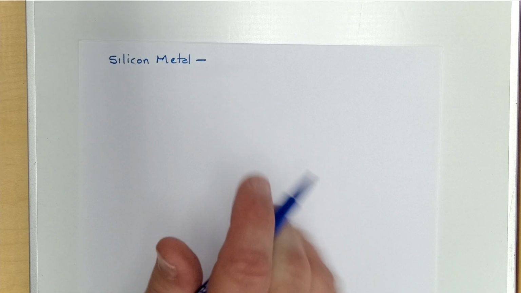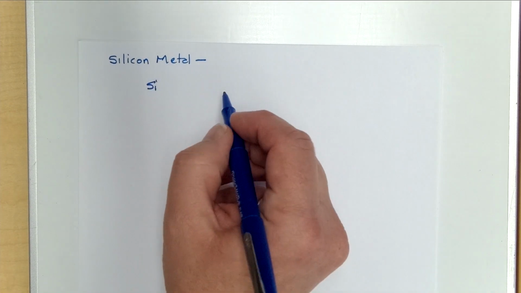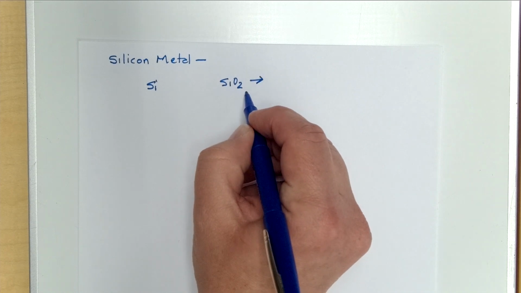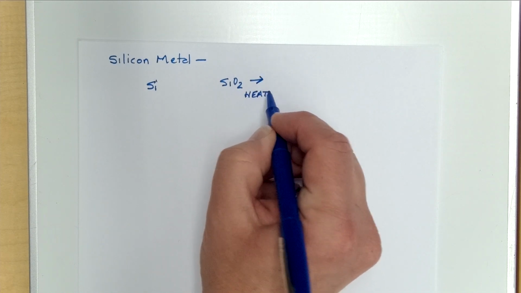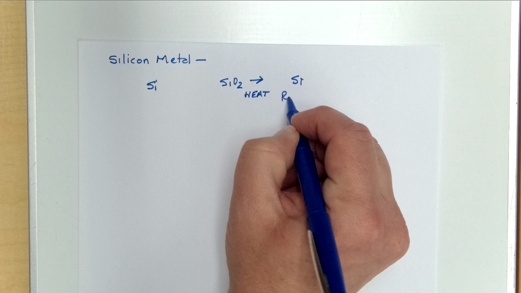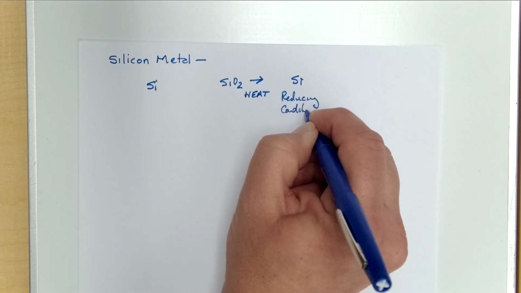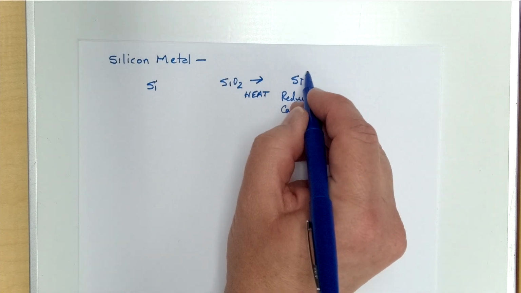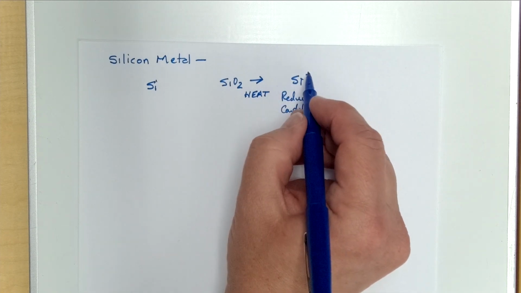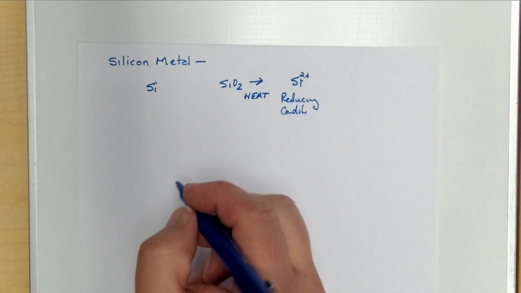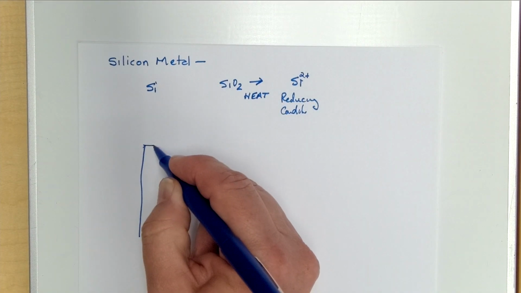Silicon metal is Si. You take silica, you heat it, and you make, under reducing conditions, right, losing electrons, you make silicon metal. Just like you make iron. Well, we do that in a furnace.